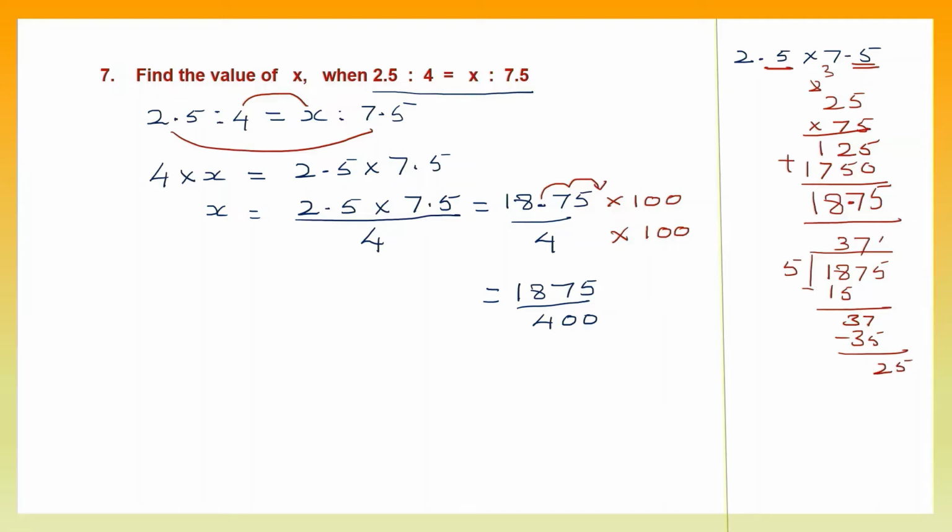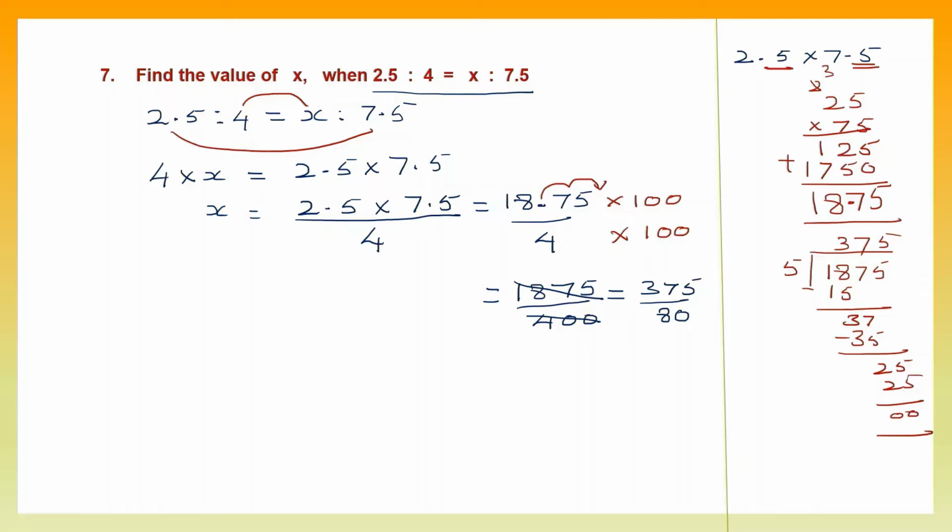So 5 5s are 25. So here when I divide this by 5, I get 375. So I've cancelled this by 5. Now if I cancel this by 5, I get 5 8s are 40 and then a 0.